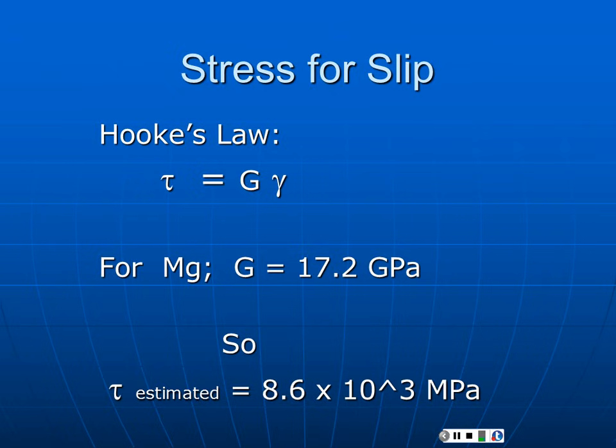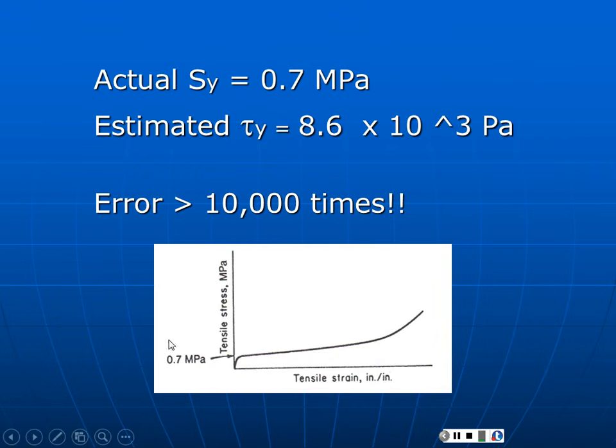Now, what was the yield strength that we saw on the stress-strain curve? It was 0.7 megapascals. So rather than 0.7 megapascals, we have 8,600 megapascals. Sorry, there's an error here. This should be MPa, not Pa. And so we're going to be off by about 10,000 times.